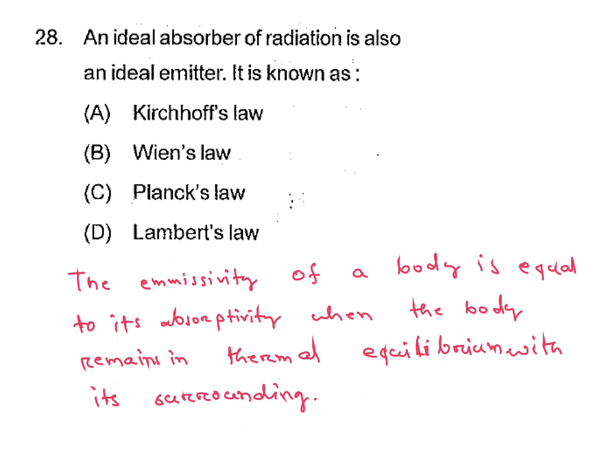An ideal absorber of radiation is also an ideal emitter. It is known as, its answer is Kirchhoff's law. Kirchhoff's law definition is the emissivity of a body is equal to its absorptivity when the body remains in thermal equilibrium with its surrounding.